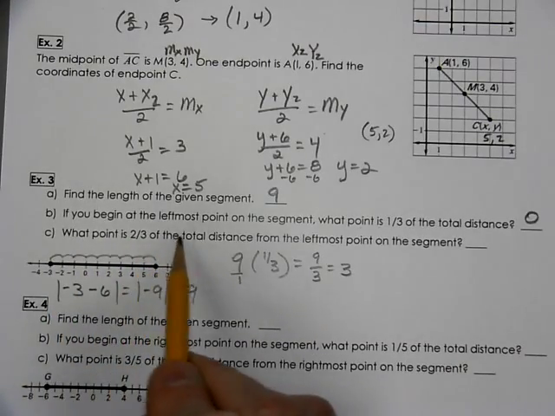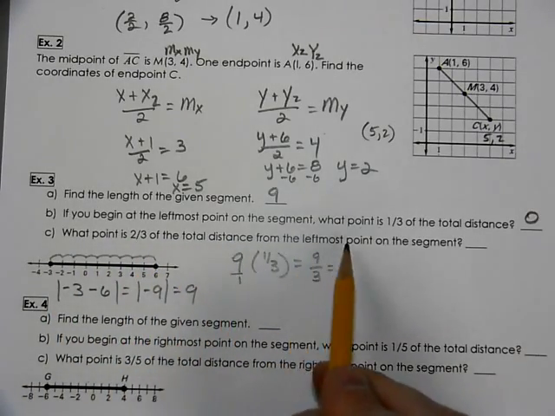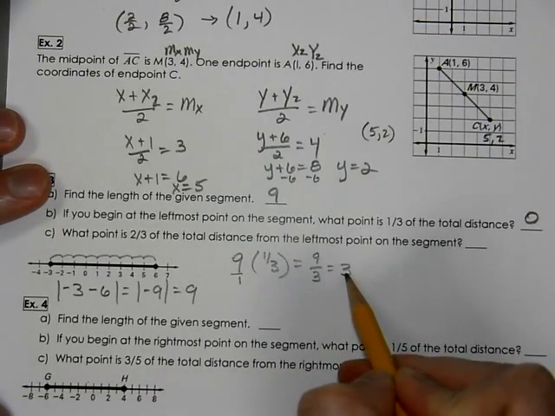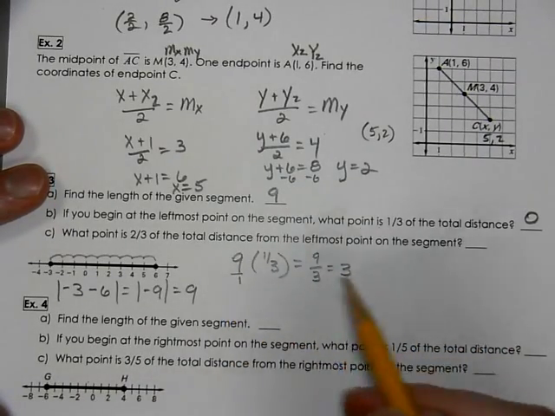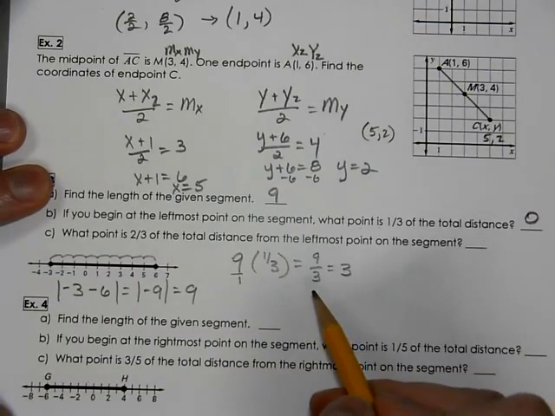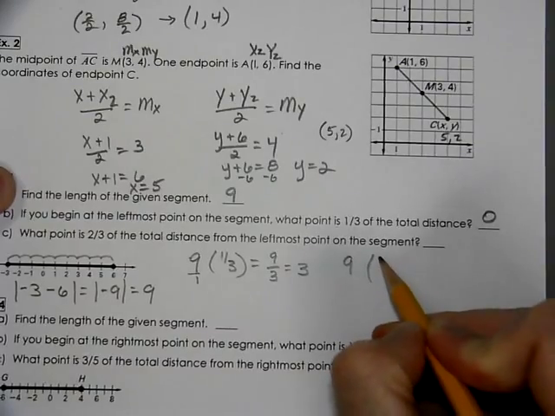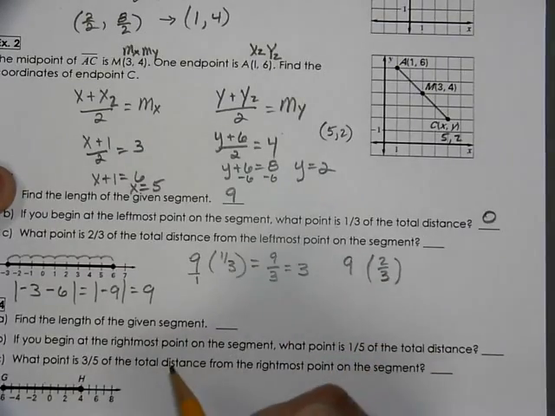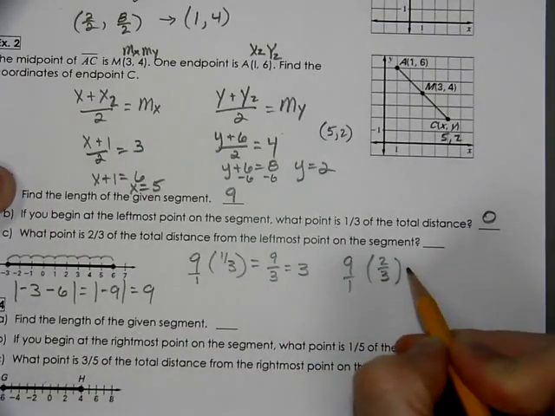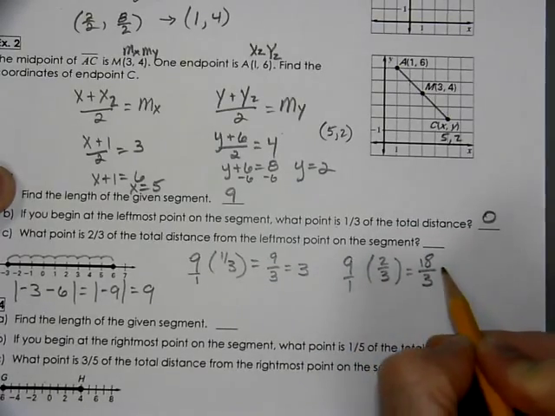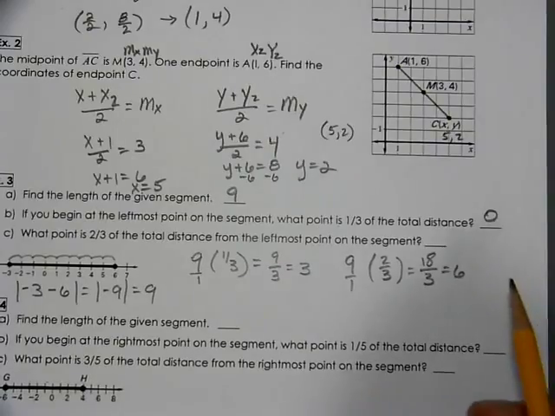What point is 2/3 from the leftmost point? Well, if 1/3 is 3, 2/3 should be twice that amount. If you didn't quite understand that, we can say we have 9, and we're going to times it by 2/3. Turn this into a fraction. Call this 18 over 3. Gives us 6.